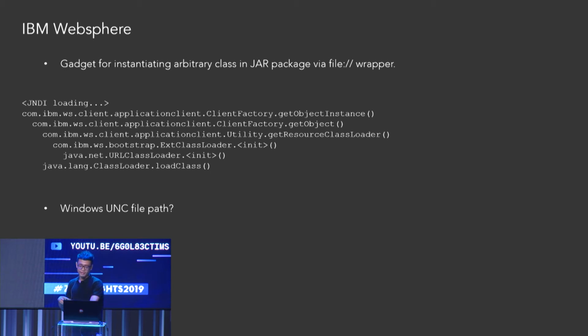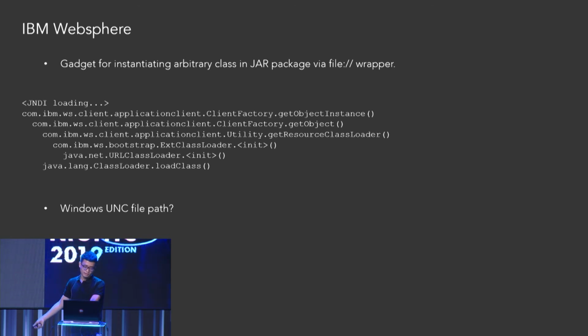So you can go from any readObject into instantiating an arbitrary class on the server. This is only for the file protocol, but we want to load a malicious class under attacker control. So what to do?